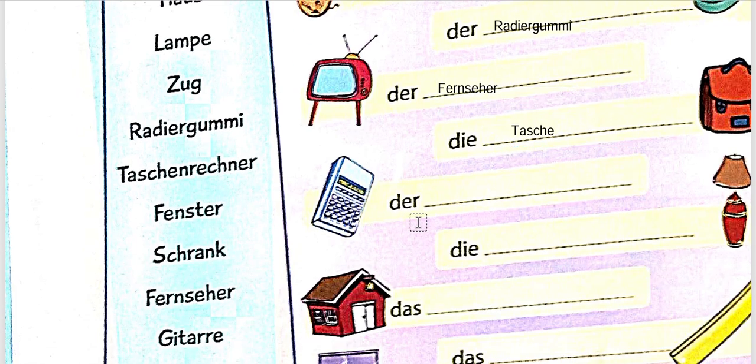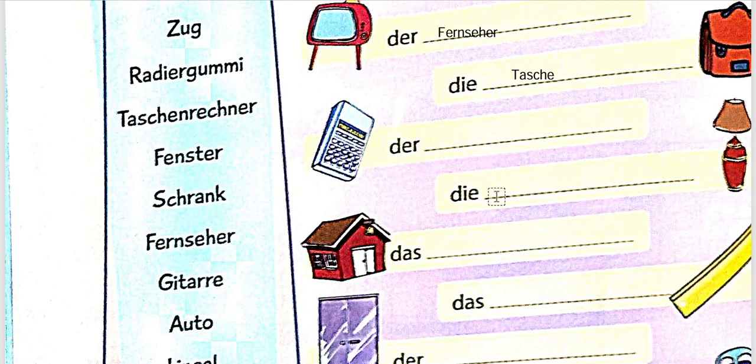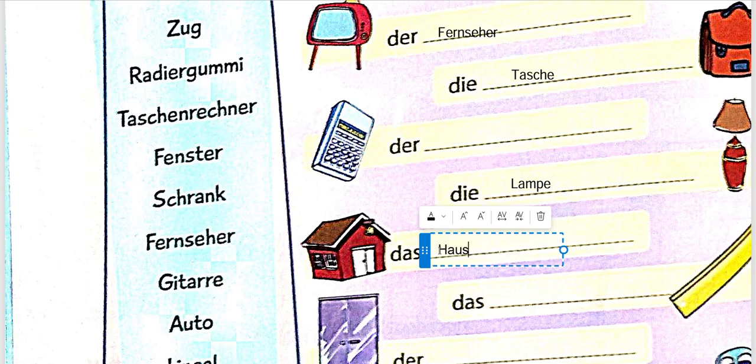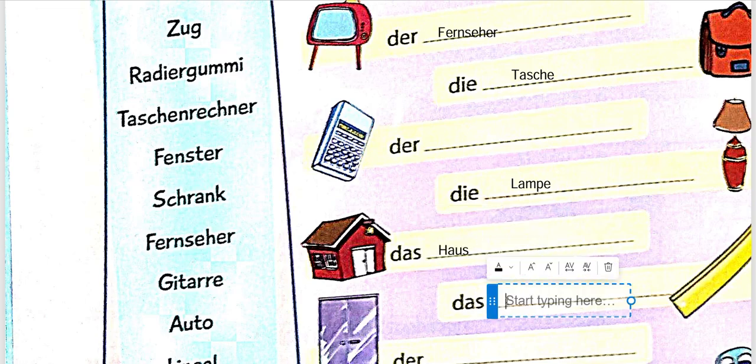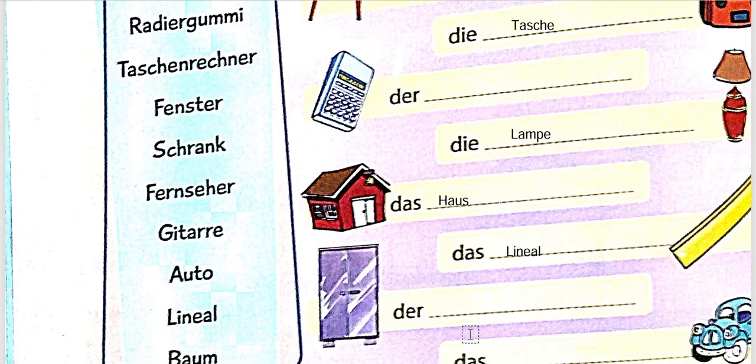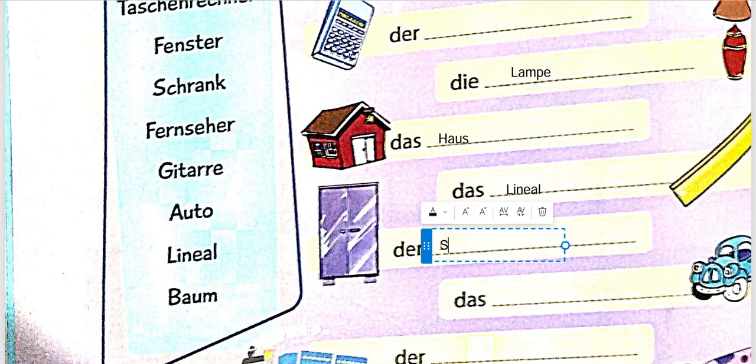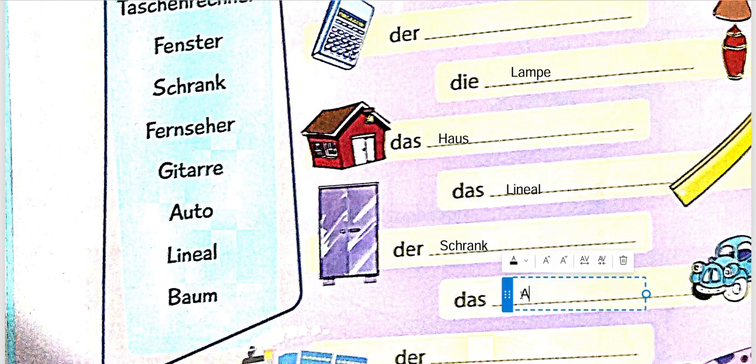This is a calculator. Calculator we have not learned yet, so we'll do this at the end. This is a lamp, so Lampe. This is a house, so das Haus. This is a scale ruler, so it's a Lineal. Next we have this cupboard, so Schrank. This is a car, so Auto.